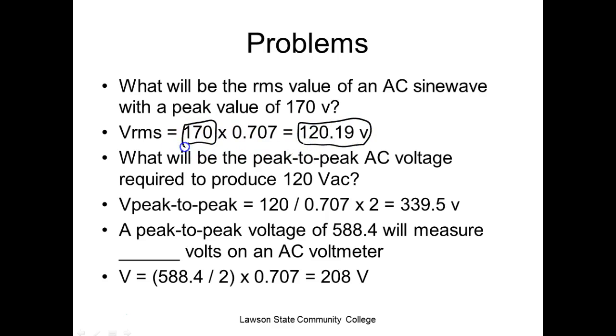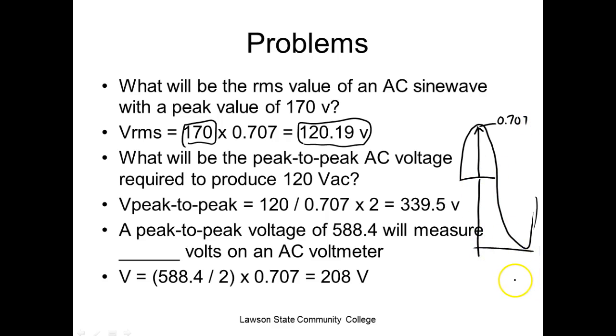So this is peak voltage. What you have to understand is that the voltage actually looks like this. What we do is we take the value of that peak voltage and multiply by 0.707. We have something called peak-to-peak voltage, which would be twice the peak, right? You understand?